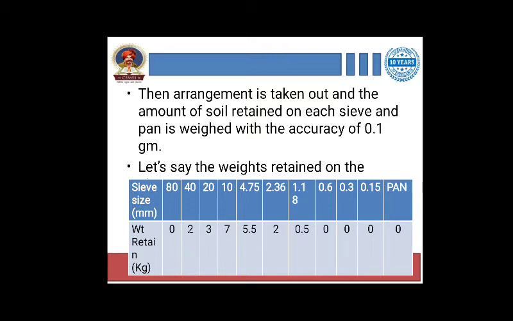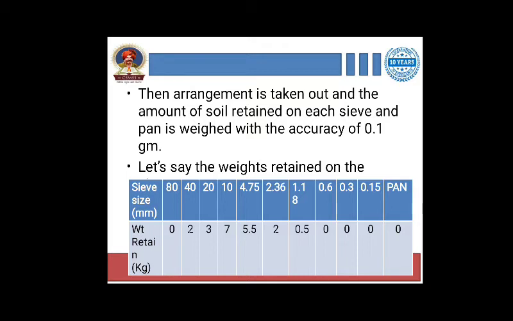The 80 mm sieve retained no weight of sample, it means 0. 40 mm retains 2 kg, 20 mm 3 kg, 10 mm 7 kg, 4.75 mm 5.5 kg, 2.36 mm 2 kg, 1.18 mm 0.5 kg, 0.6 mm 0 kg, 0.3 mm 0 kg, and 0.15 mm 0 kg, and the pan also has 0 kg weight, right?